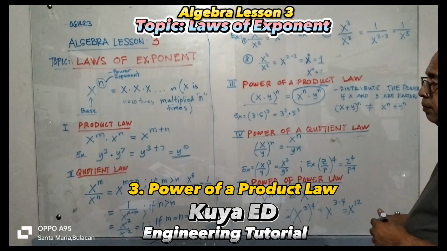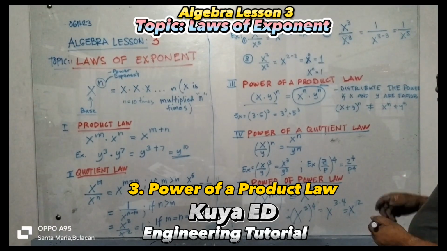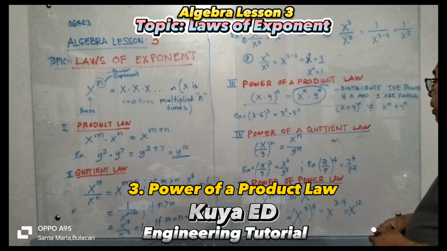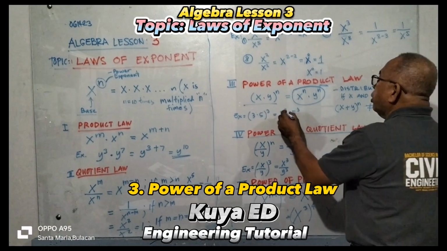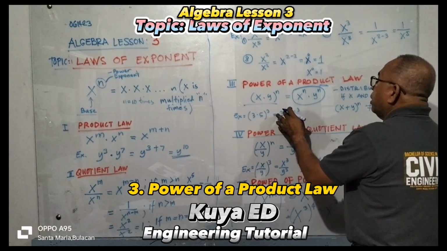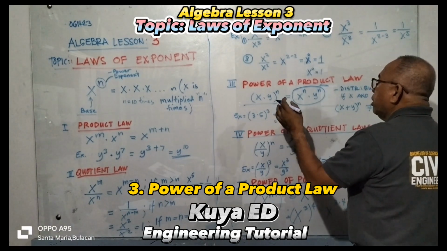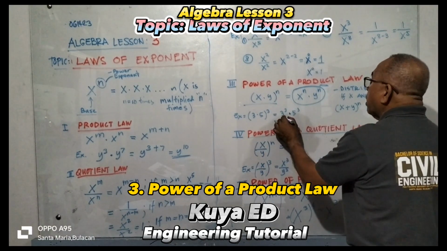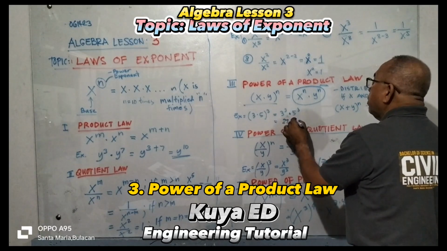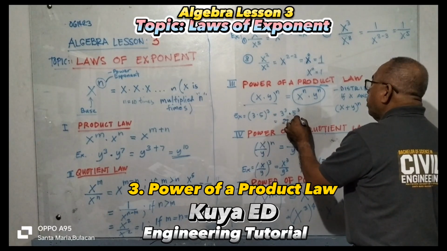Magiging 125 times, so ito magiging 3 times 3 times 3, so 3 times 3, 9 times 3, 27 times 125.